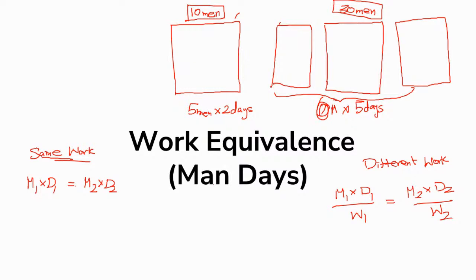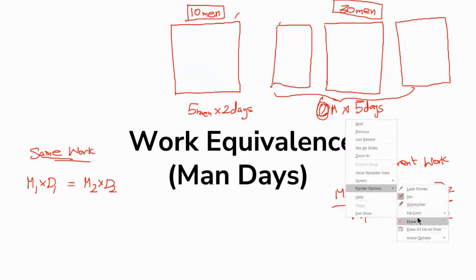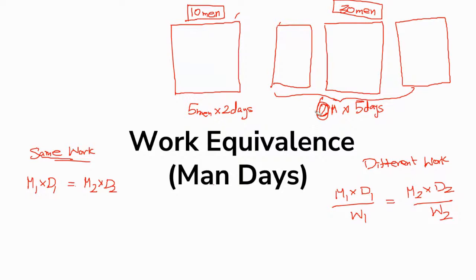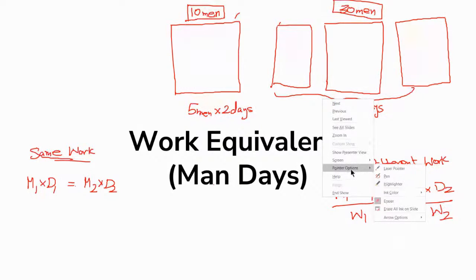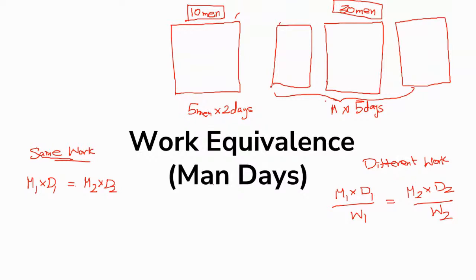It is like 6 into 5 gives 30 men's work. So the answer is 6 men are needed on each day to construct the three buildings in 5 days.